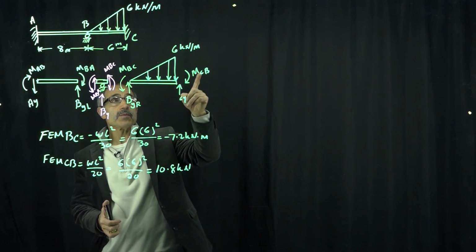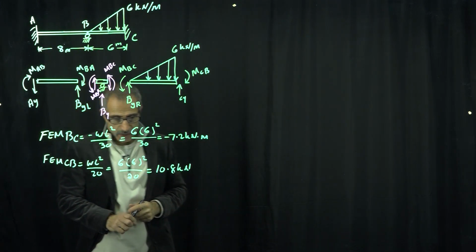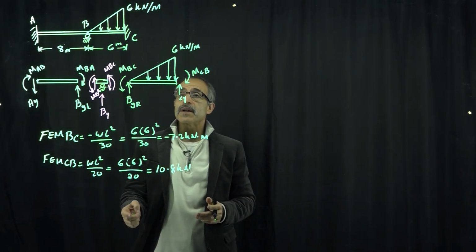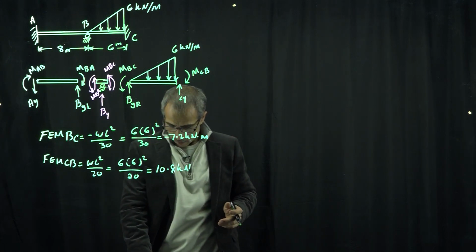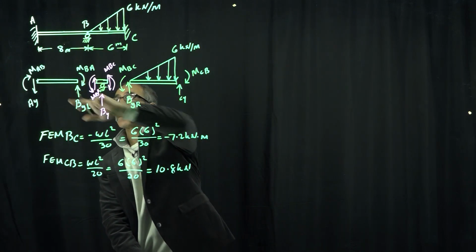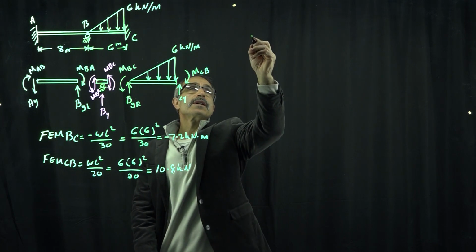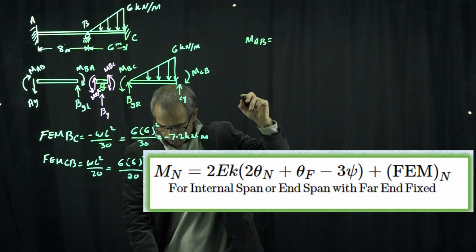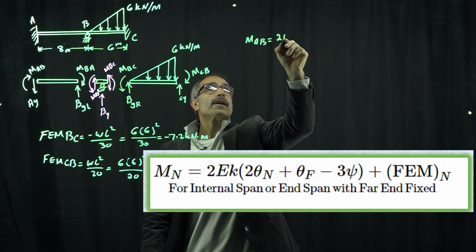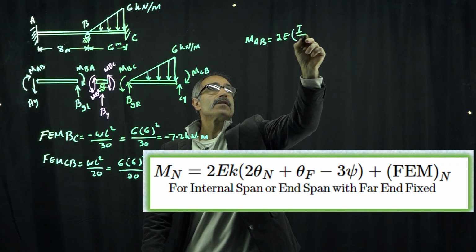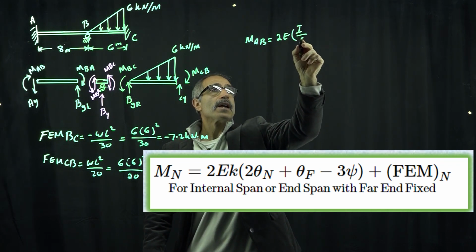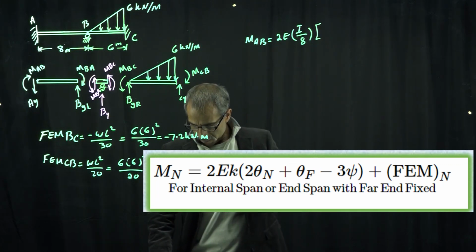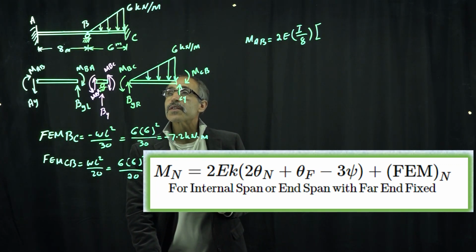Again, we're going to go ahead with equation 10.8. We're going to use that equation to calculate different moments. Let's start with moment MAB. Based on the equation, MAB is equal to 2EI divided by 8, multiplied by 2 times theta n.